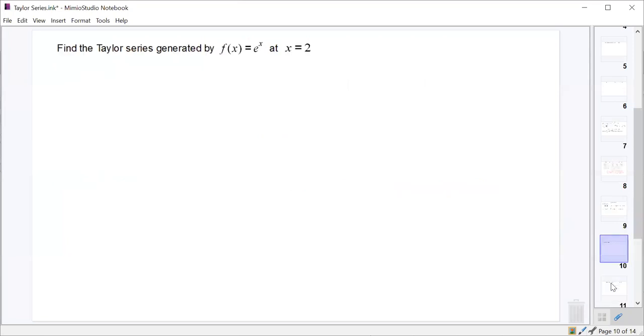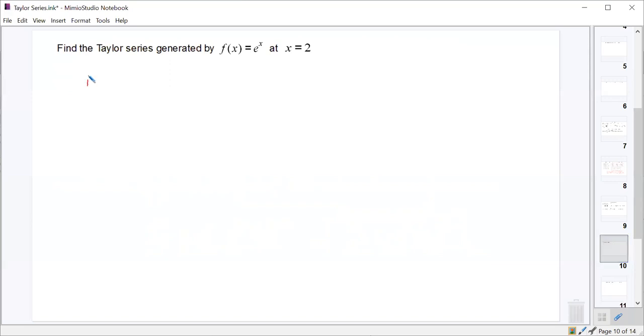Hopefully so. So let's see if we can find a Taylor series generated by e to the x at x equals 2. Should be pretty straightforward. Right?